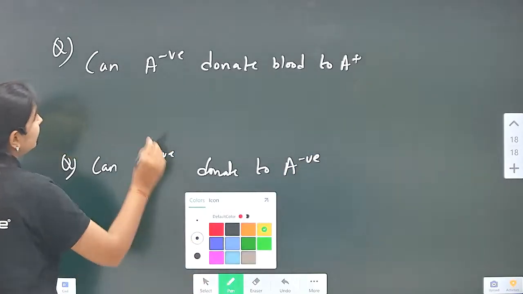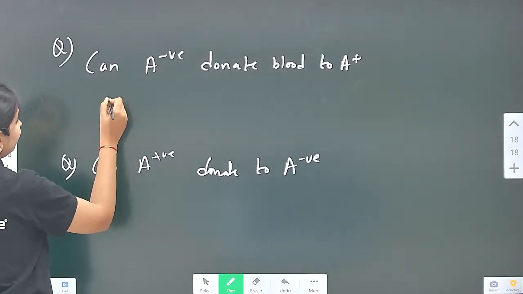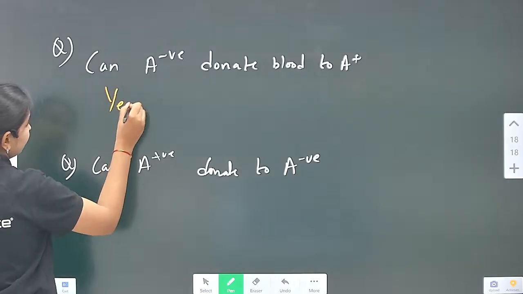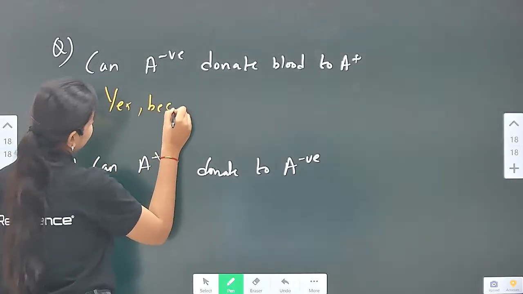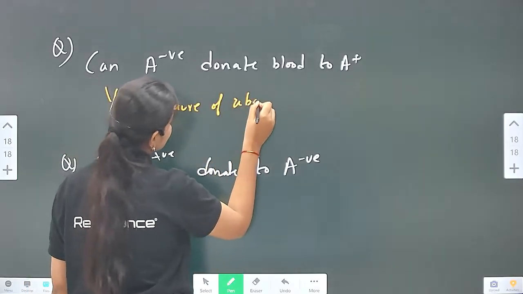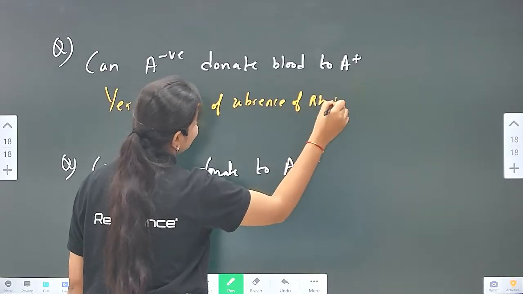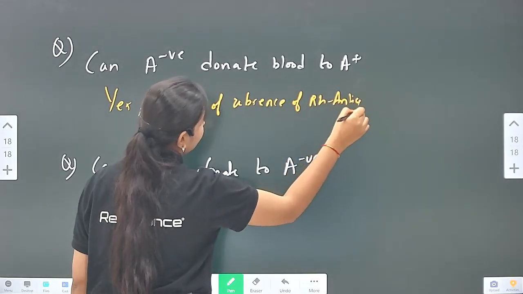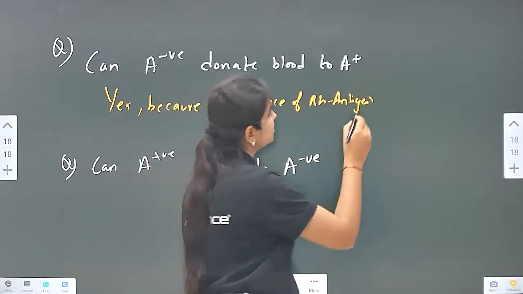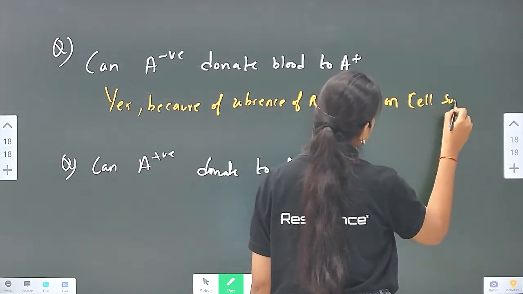Okay, the A negative can donate the blood, yes, because of the absence of RH antigen on the cell surface.